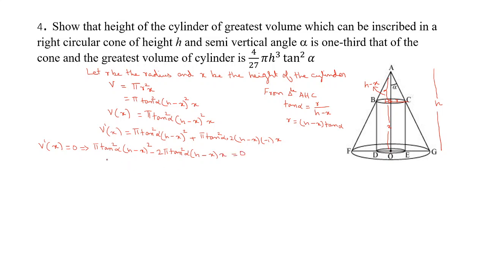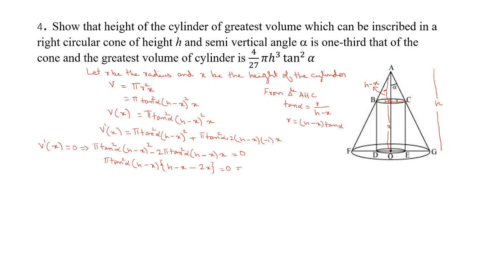Here pi tan square alpha h minus x is common, so it will come as h minus x minus 2x equal to 0.